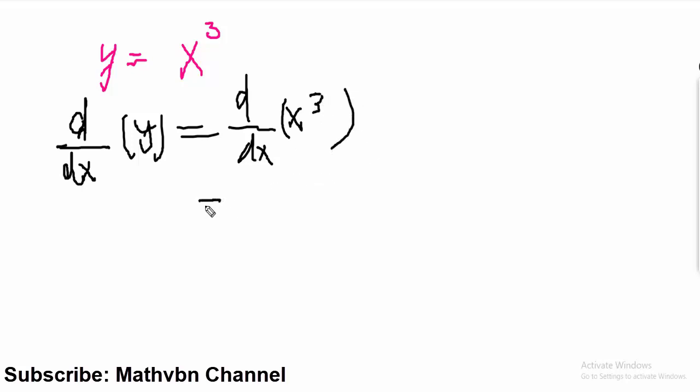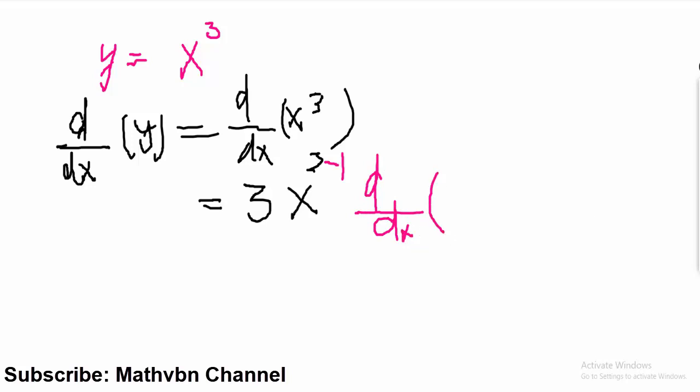Now solve this. Power 3 is at the start, writing x here. 3 is the power and minus 1 from the power, d over dx, writing the function that is equal to x by ignoring the power. Here I ignore the power, so simplify it.